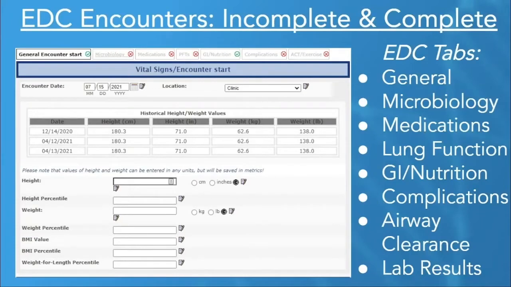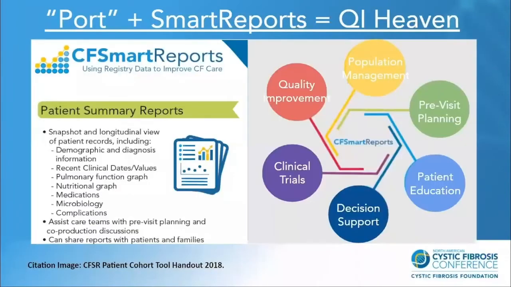Both incomplete and complete encounters have their data filtered to CF Smart Reports, another website managed by the CF Foundation. CF Smart Reports is not a data capture system, but funnels the data already entered into PORT and creates more reports and visual representations with which to manage care.